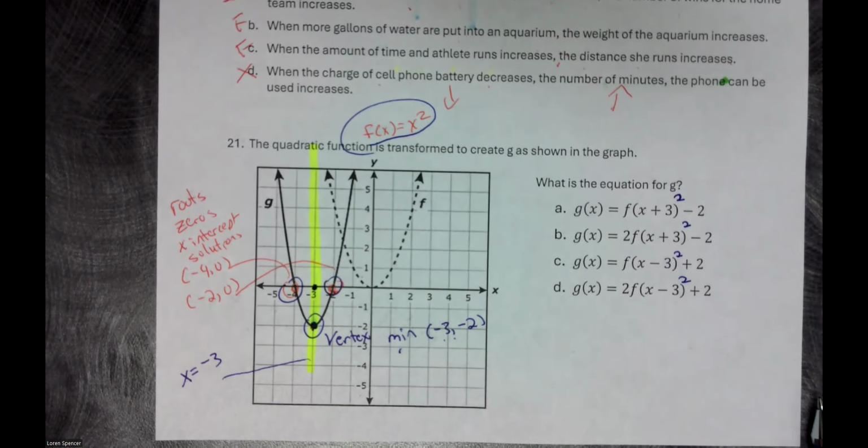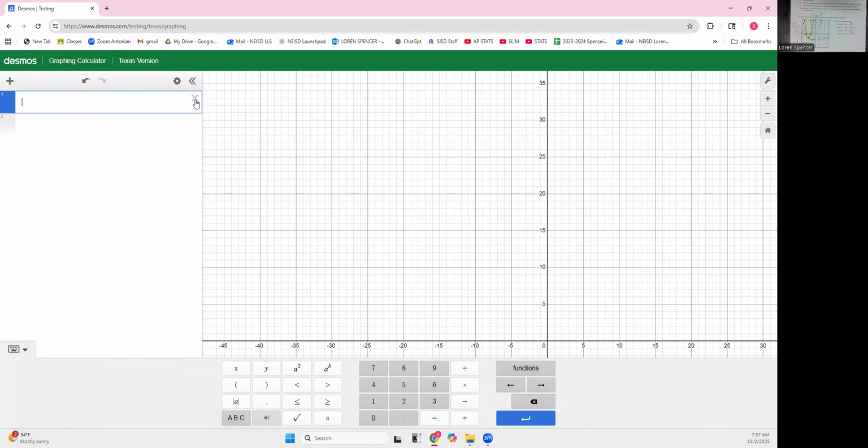So when I go to my share screen, the first one is parenthesis x plus 3, squared, minus 2. Make sure you use the squared.